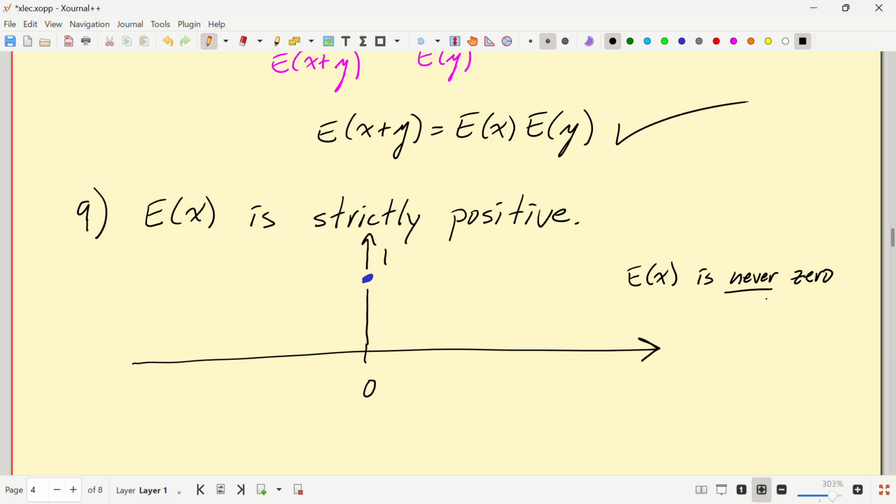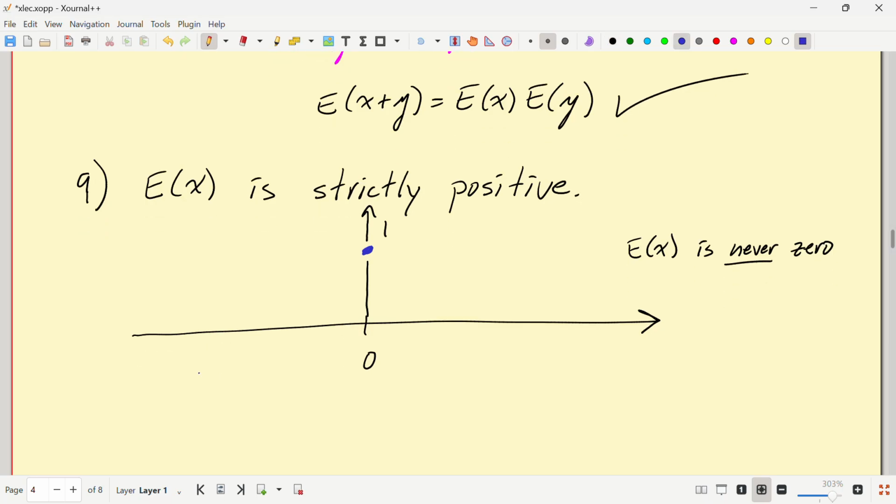If it were ever to go negative, what comes to mind? Anybody? We know e of x is continuous.